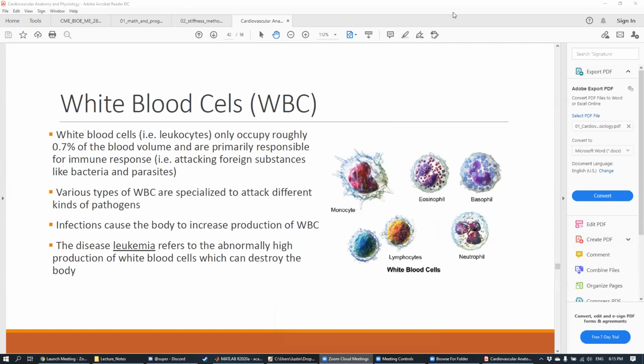So question in the chat. So do we know why white blood cells start attacking our own bodies? Yeah, that's a great question. A question that I'm not qualified to answer, unfortunately. And so my understanding of white blood cells is just limited to what we have here in this presentation. But that would be definitely a good question for a doctor or biologist.